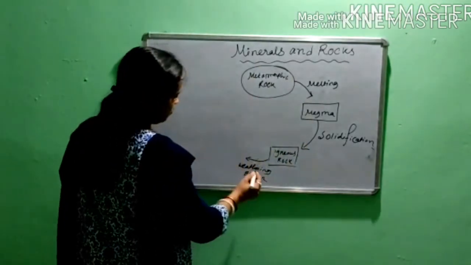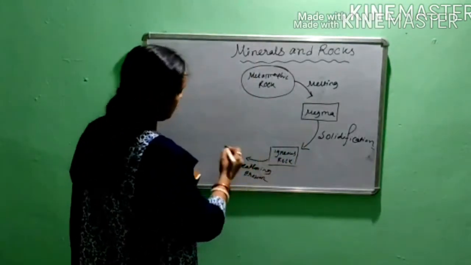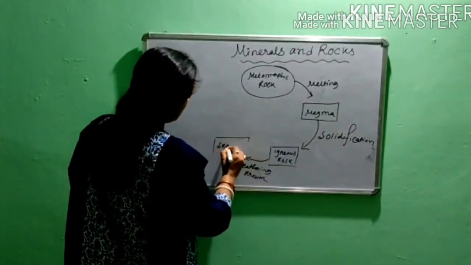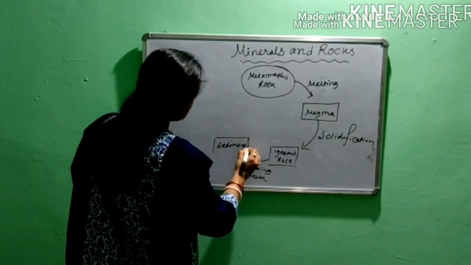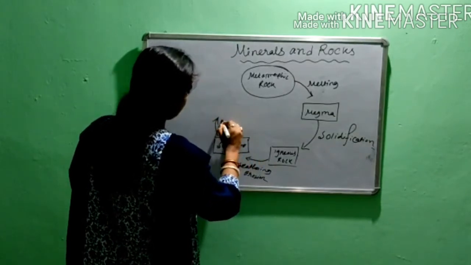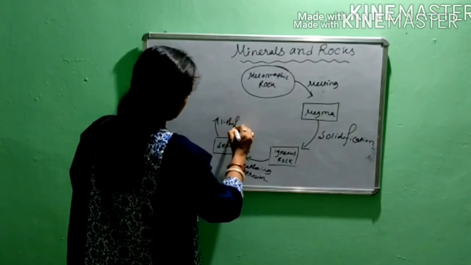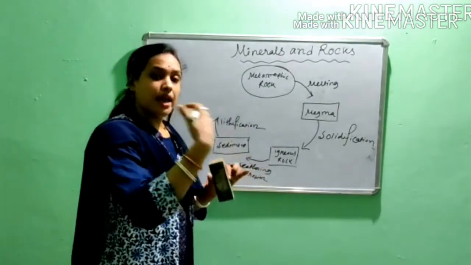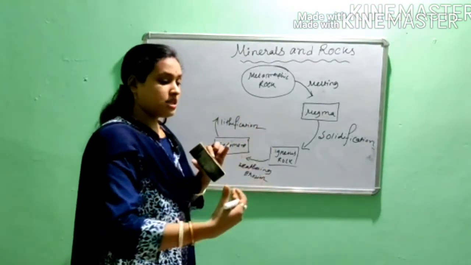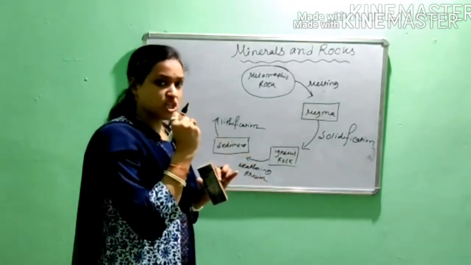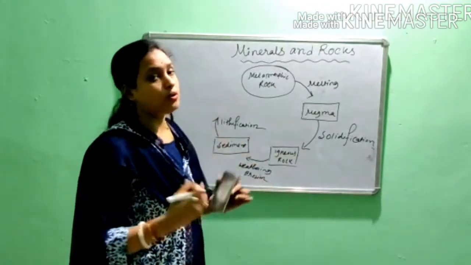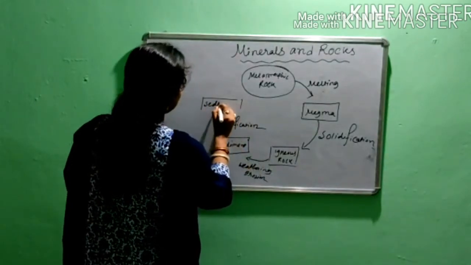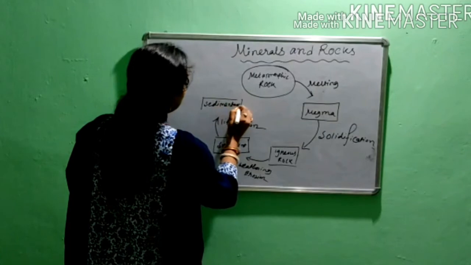So here we write sediment. Sediment through the process of lithification, that means deposition layer after layer, then this deposit through the process of compaction or lithification, we find sedimentary rock. So here we write sedimentary rock.